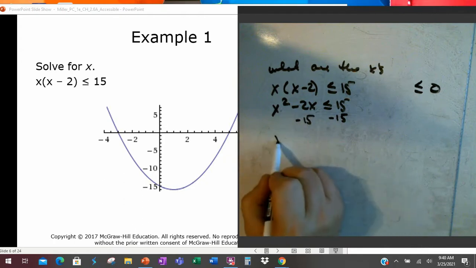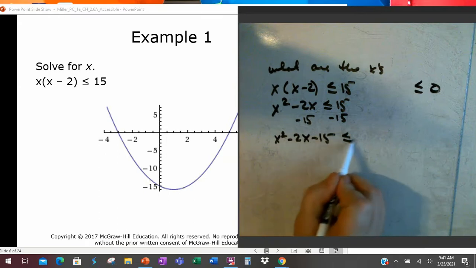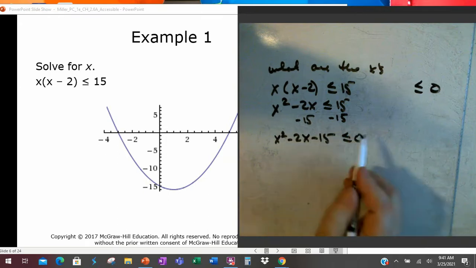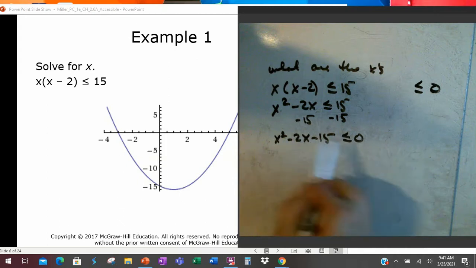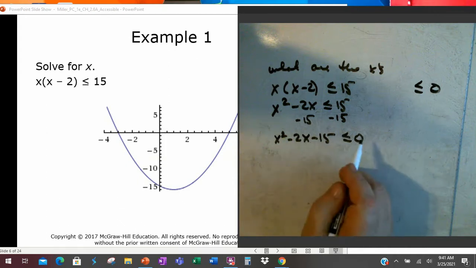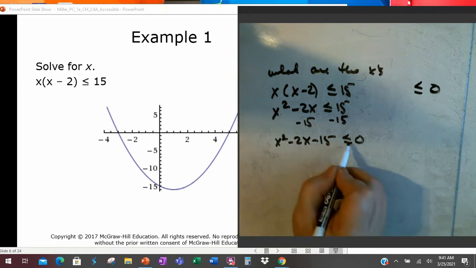Okay, so I get x squared minus 2x minus 15 less than or equal to 0. Just like we did when we're solving this, we're always doing a quadratic, comparing it to 0. Then we can get factors in here, do the 0 property.